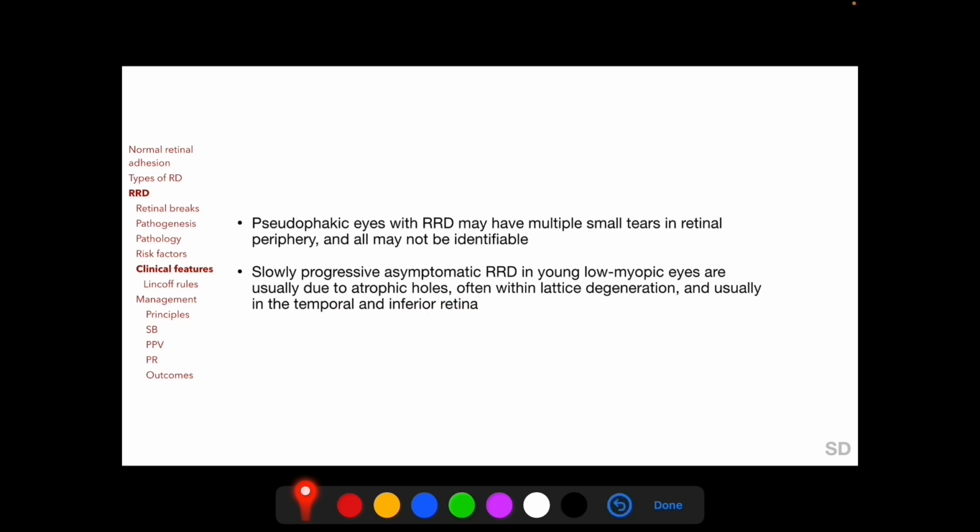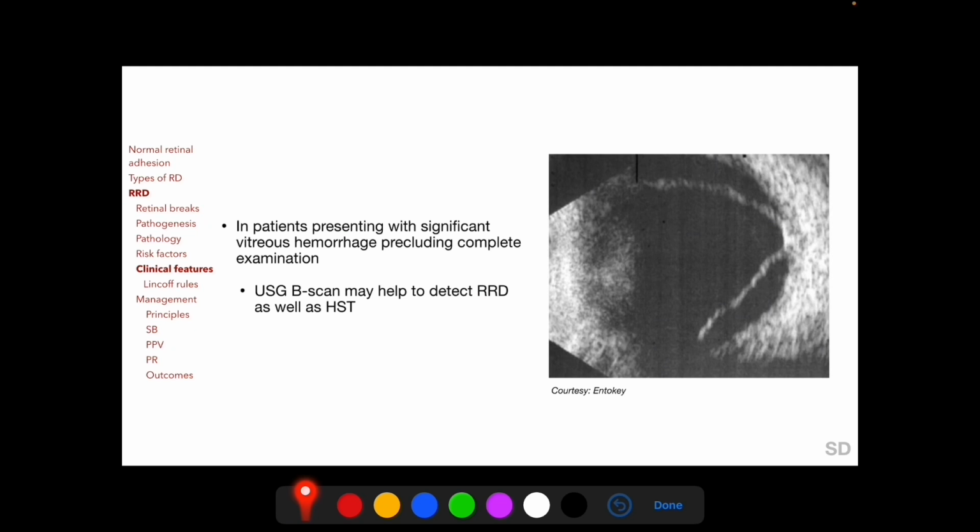These characteristics of RRDs in pseudophakic eyes and in young low myopic eyes are important to remember because they have implications in their management. In patients presenting with significant vitreous hemorrhage precluding complete examination, USG B scan may help to detect RRD as seen here in this ultrasonogram, as well as detect an HST.